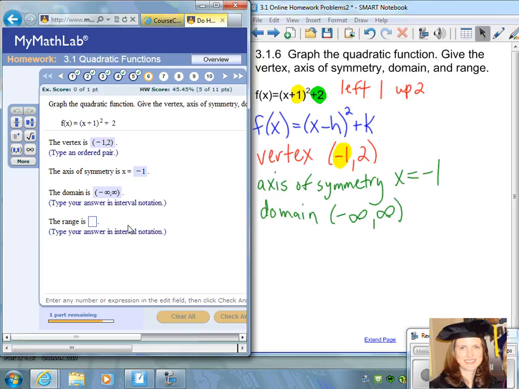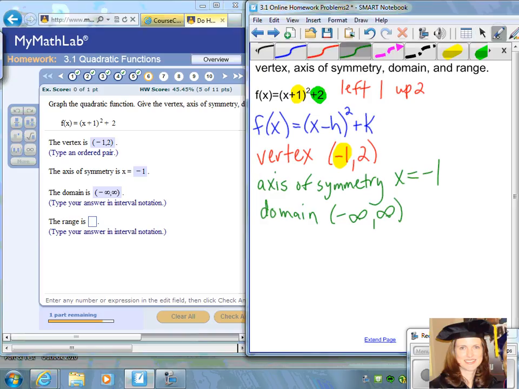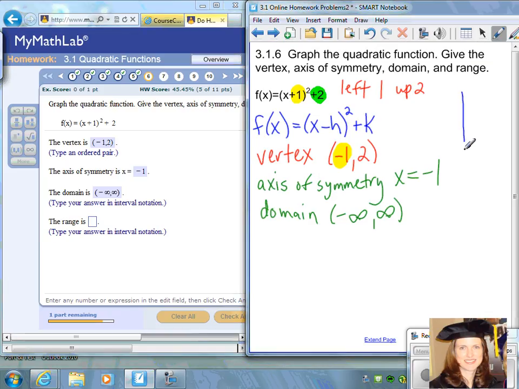Now the range is how low the graph goes to how high the graph goes. When we think about graphing this, the vertex is going to be at -1, +2, and we know it's going to be a parabola that opens up, because it's a positive quantity of x plus 1 squared.